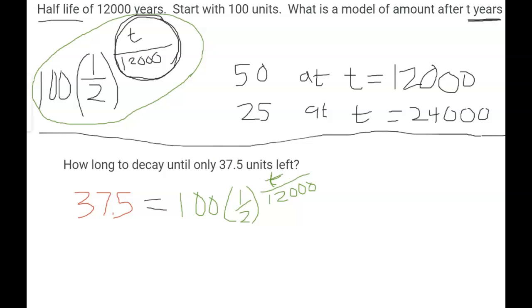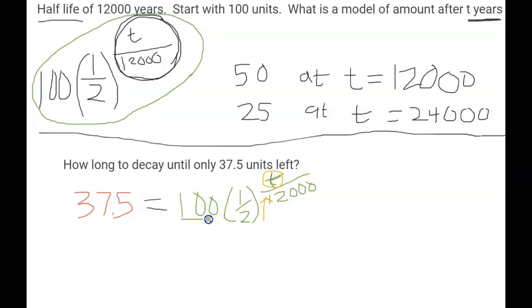It's really not a small deal to solve for T because T is stuck up in an exponent. Ugh, right? Well, the nice thing about something being stuck up in an exponent is that to pull it down from the exponent, you can use logarithms. And that's exactly what we're going to do. We're going to use logarithms. To simplify a little bit, I'm going to divide both sides by 100 first, right?